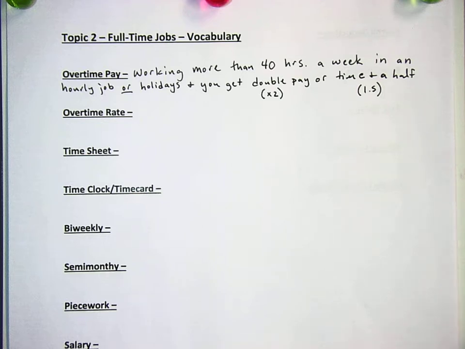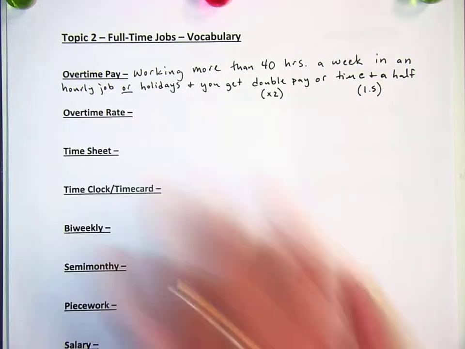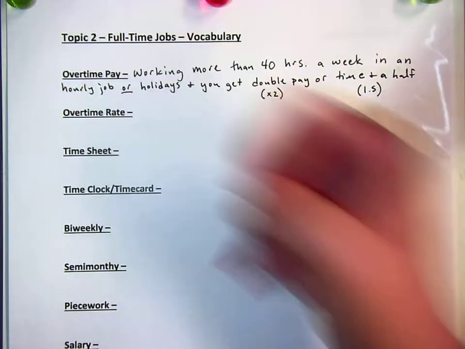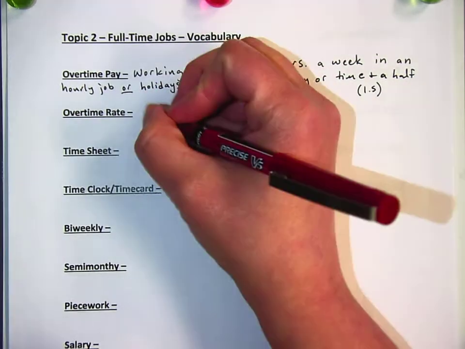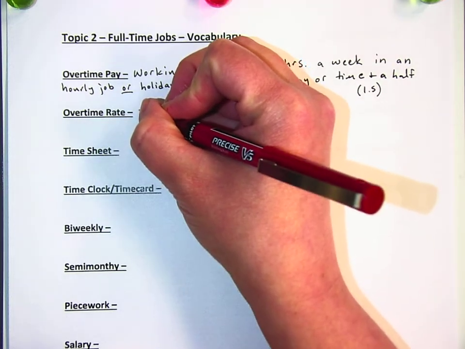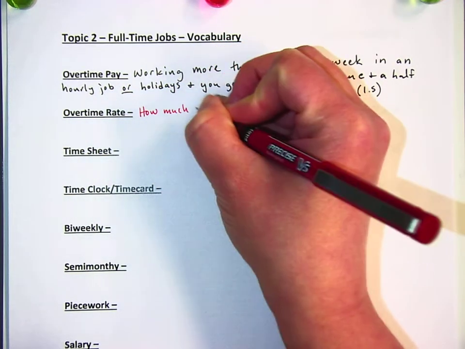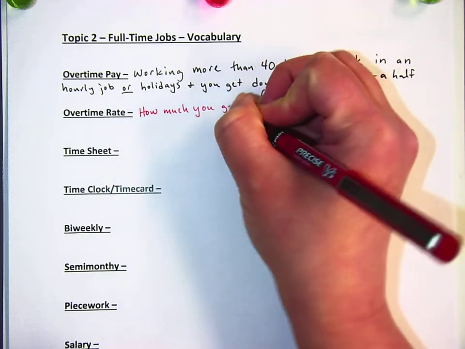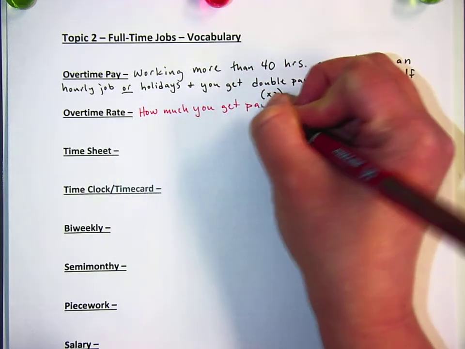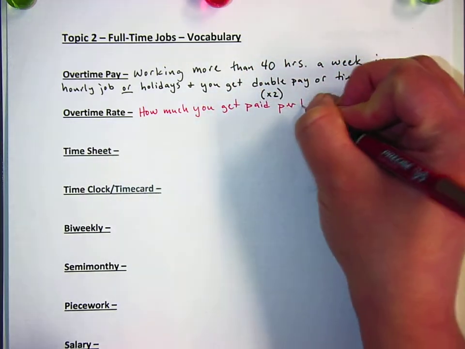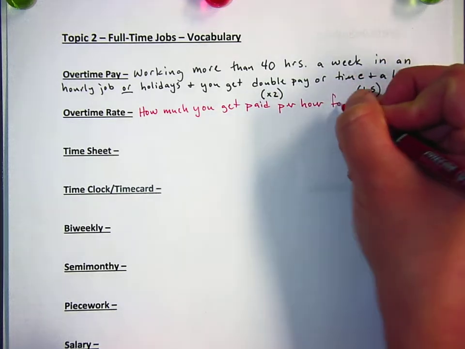So yesterday we talked about overtime pay, and today we're going to talk about these three real quick. Your overtime rate is how much you get paid per hour for overtime.